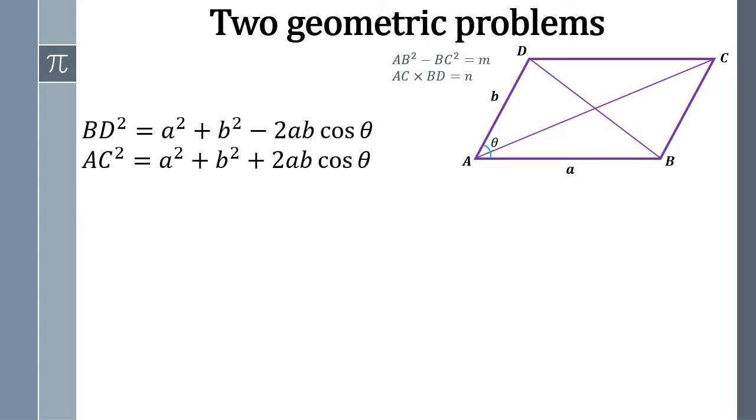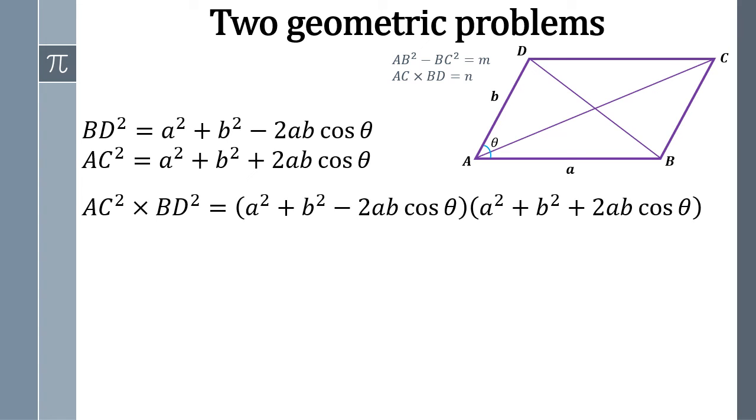Then I'm going to calculate AC squared times BD squared, which is equal to this form. And I note in this form, I can apply the square difference formula, which leads to a squared plus b squared then squared minus 2ab cosine theta then squared.